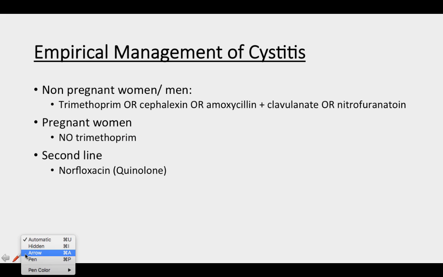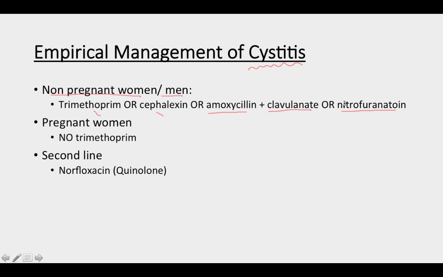So in terms of empirically managing patients where you believe there's a cystitis, if they're a non-pregnant woman or a man, you can give them your choice of one of 4 broad-spectrum antibiotics. Trimethoprim, the dihydrofolate reductase inhibitor, cefalexin, the first-generation cephalosporin, amoxicillin with clavulanate, the broad-spectrum penicillin, or nitrofurantoin.